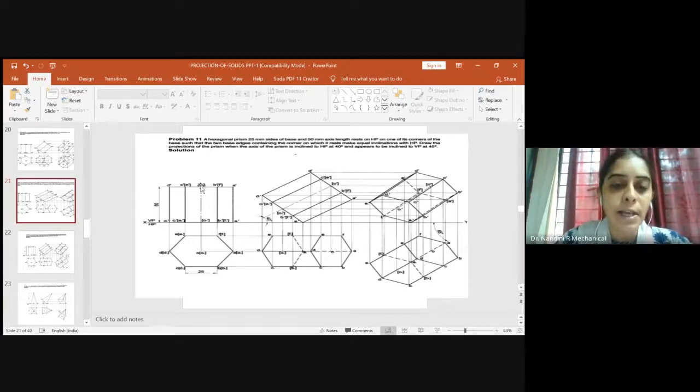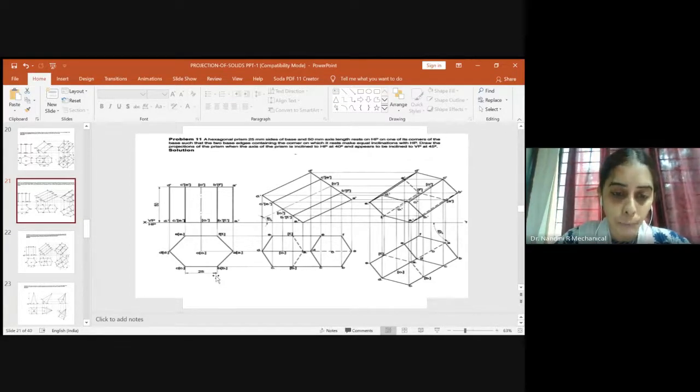So once this is done, from each corner, you will take the projection above, right? So from D of D1, you'll take the projection above, A of A1, and all the projections. So these two corners will be coming along the same line. If you have constructed properly, the two corners here will come along the same line.